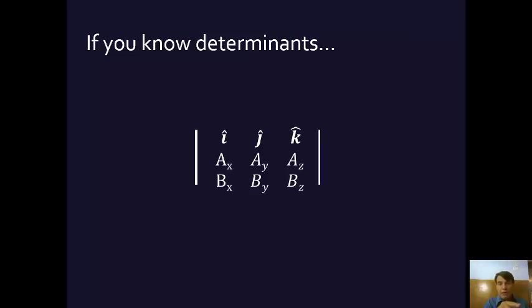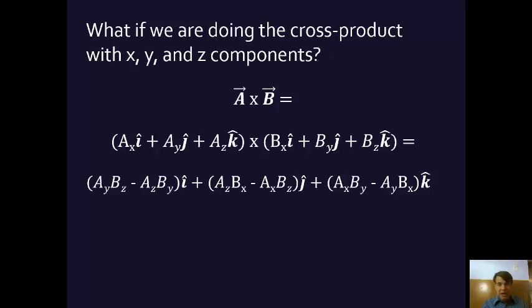So if you have the unit vectors as the top row, I, J, and K, and then you lay out AX, AY, AZ, BX, BY, BZ, you can actually get the same thing using determinants.